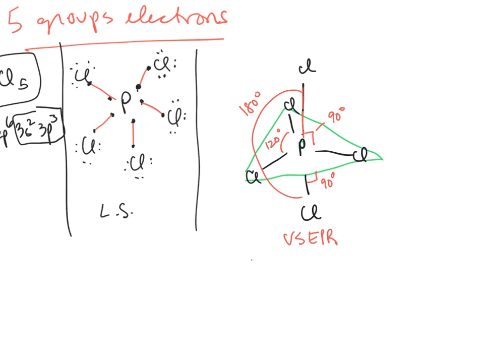The name of the shape is trigonal bipyramidal, or bipyramidal shape. You can say pyramid, that's fine.